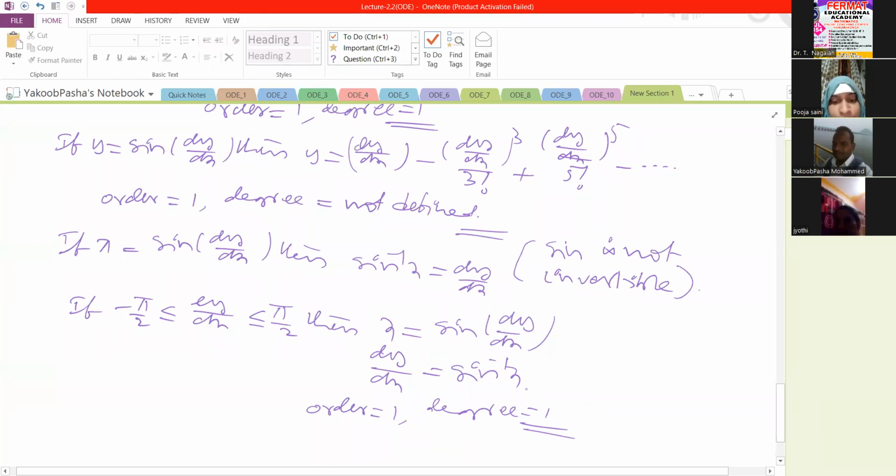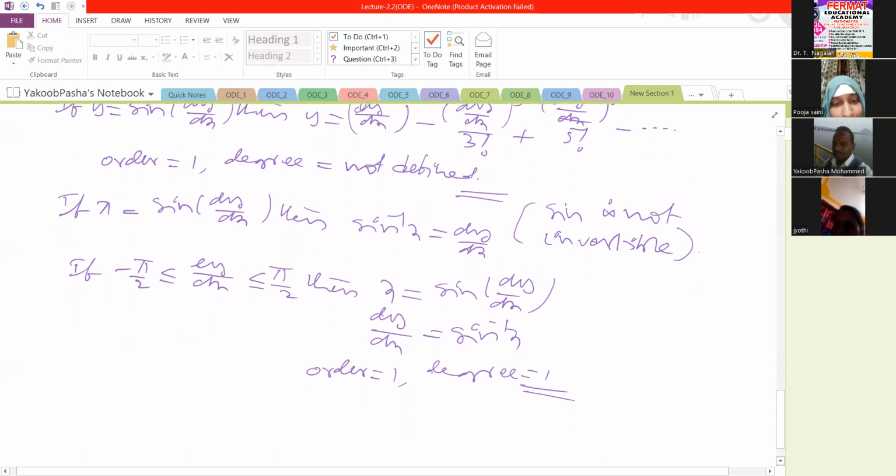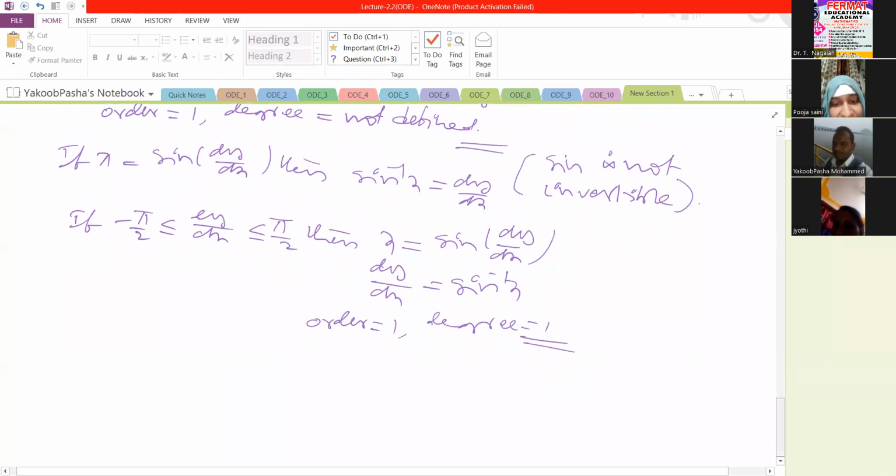So from these examples, similarly we can define y equal to cos dy by dx, y is equal to log dy by dx, like that. If the independent variable is there, we can talk about the degree, otherwise we can define only order. Now my question is, is the order of a differential equation defined or not for any differential equation? Always defined, sir.